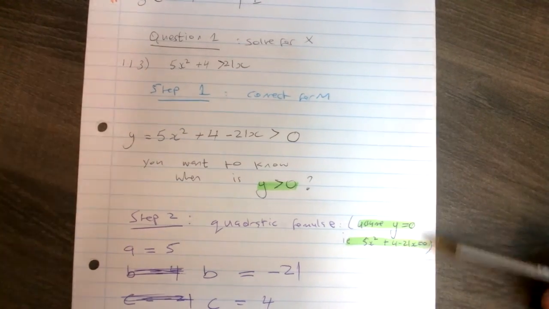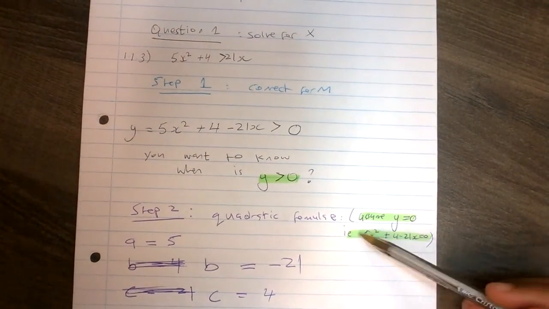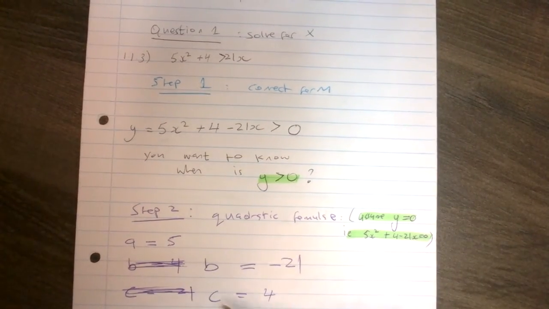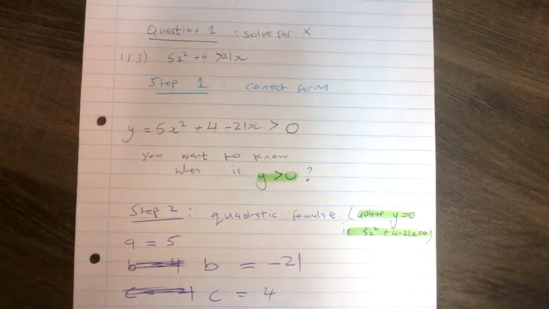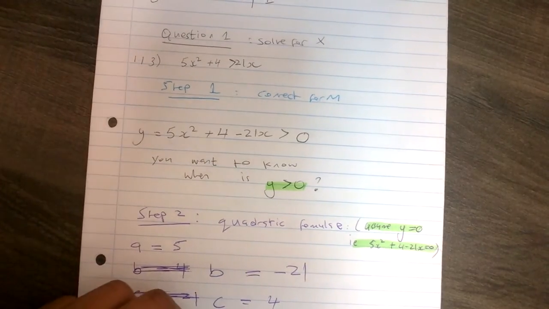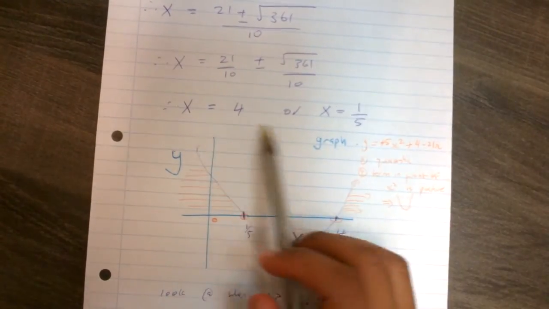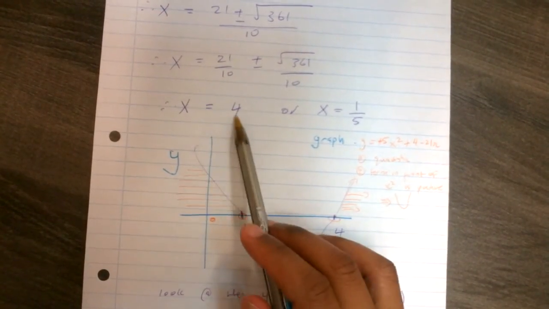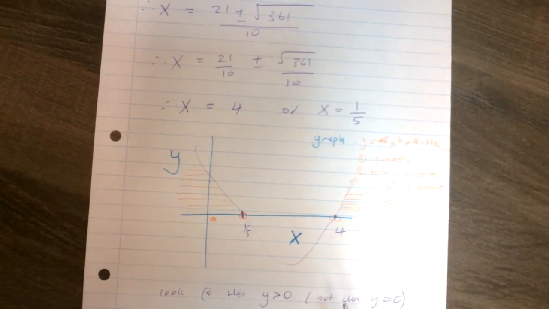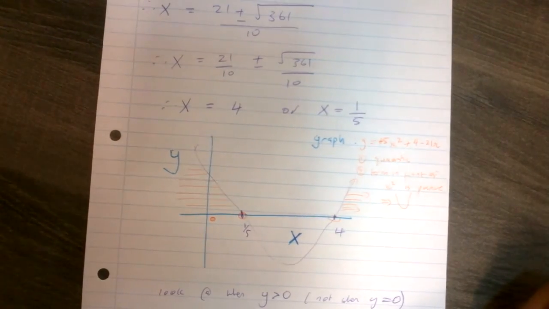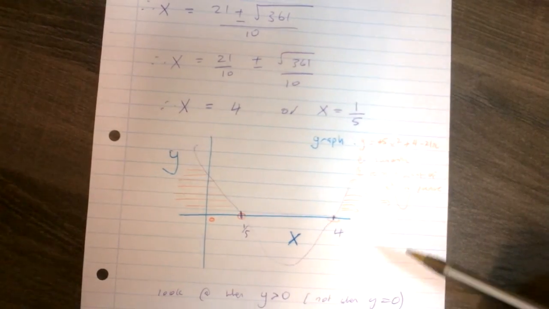In other words, we assumed y equals 0, and by doing that we're able to solve the quadratic equation. You have your a, b, c, and you plug them into your formula. You solve for values of x where y equals 0, which is x equals 4 or x equals 1 over 5. But don't forget, this is not what you're looking for. We're looking for values of x such that y is greater than 0.